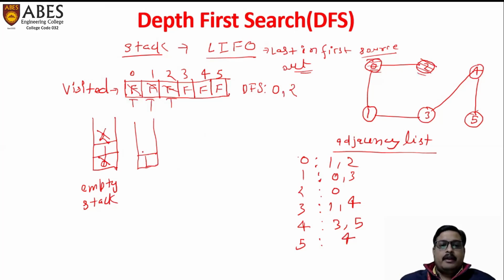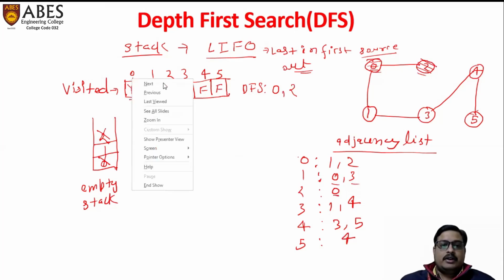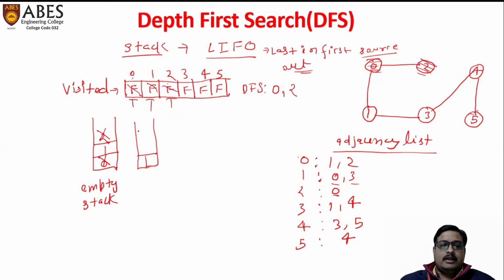And we'll find out the adjacent vertices of 2 because we have removed 2. The adjacent vertex of 2 is only 0, and the status of this 0 is already true. So we'll not add 0 in this stack.